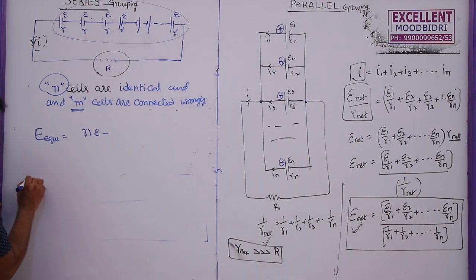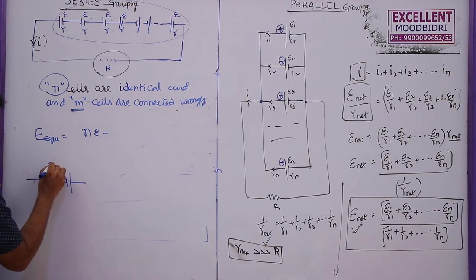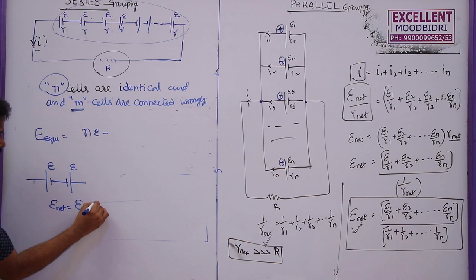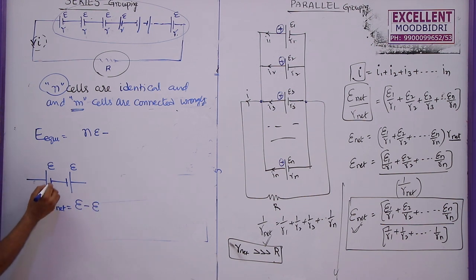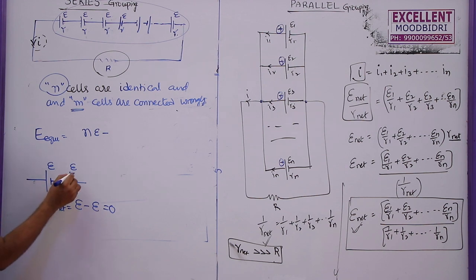For example, let me take two cells here. This is EMF E, this is EMF E. Now, negative connected to negative, the net EMF will be E minus E. Why? Because negative connected to negative, so net EMF will become 0. That means if one cell is connected wrongly in a two cell combination, the net EMF of this one will become 0.